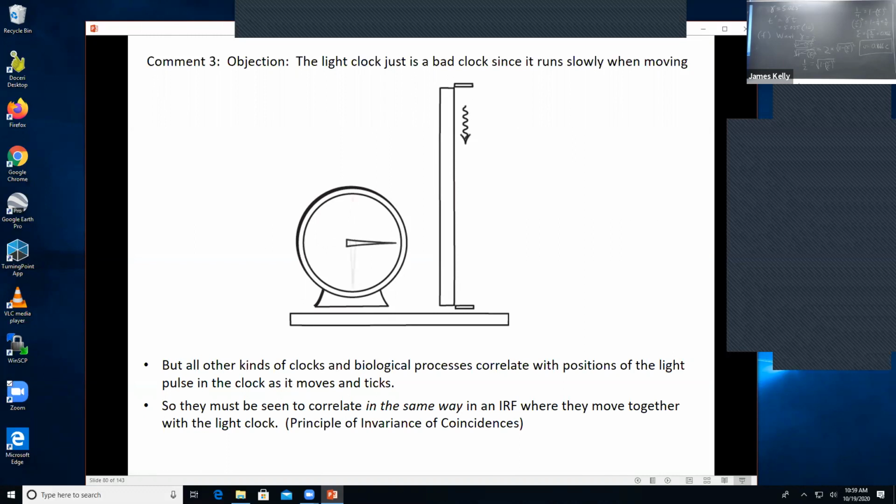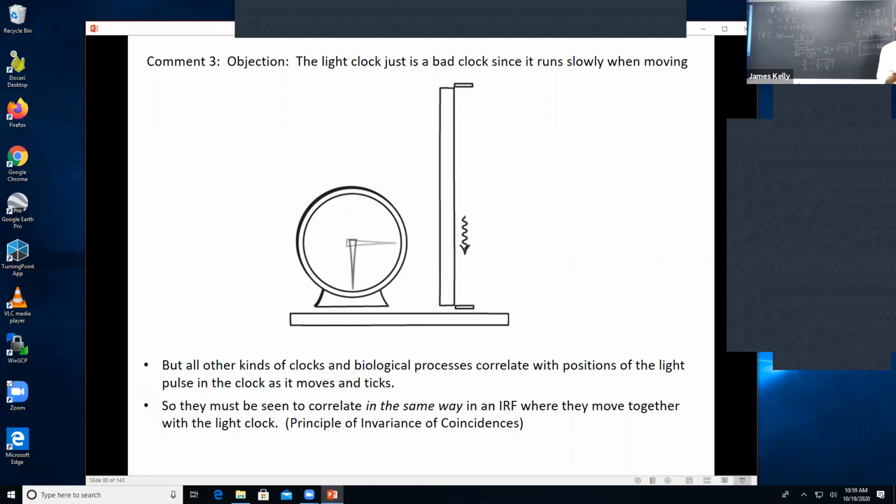And the idea is those events are going to correlate in exactly the same way. That's the principle of invariance of coincidences. If I observe that at this location in space, the light clock ticked off its 1 millionth tick at the same time the standard clock ticked off 1 second, then if I observe those 2 events being at the same location at the same time, then anyone moving at any other speed has to see them correlate.